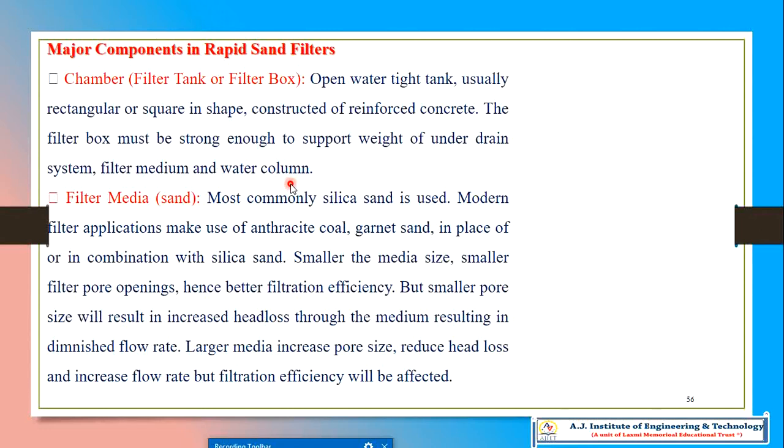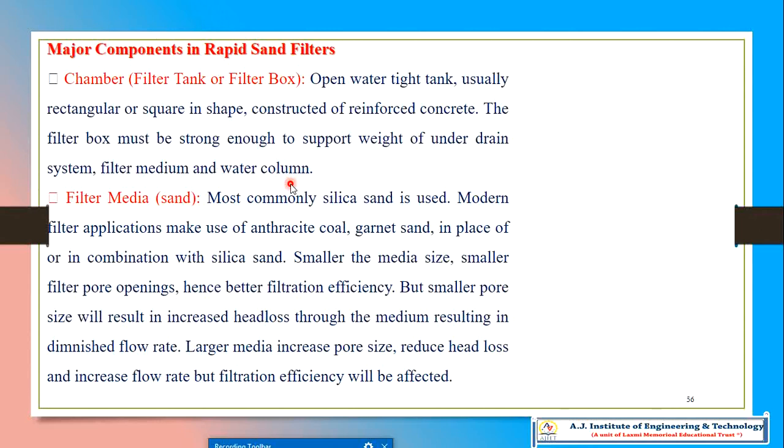The filter may be this kind of concrete structure. Nowadays we usually provide pressure sand filters for small scale, but for large scale, like municipal city water supplies, we usually use the rapid sand filter, so the rate of filtration will be high and efficiency will be there.